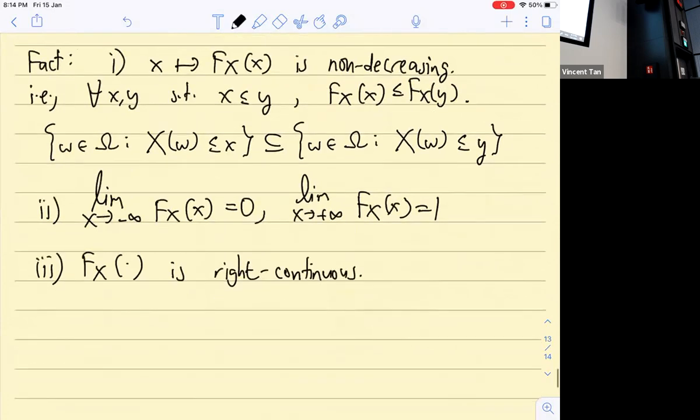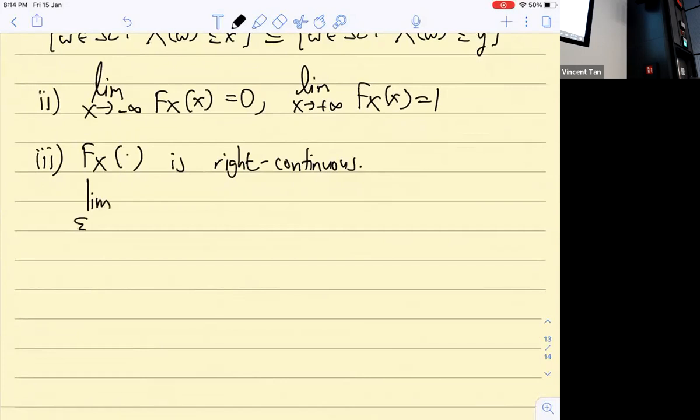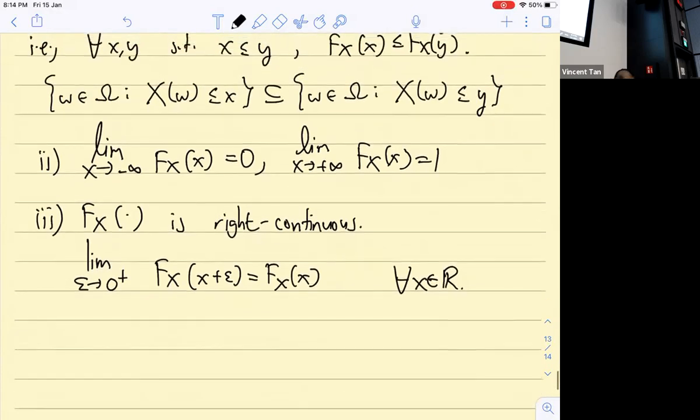This requires a little bit of thinking, but right continuous means the following: the limit as epsilon goes to 0 from above of F_X(x plus epsilon) equals F_X(x) for every x in R. It's not necessarily left continuous, it's definitely right continuous.